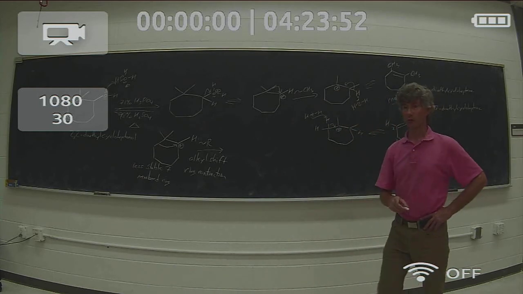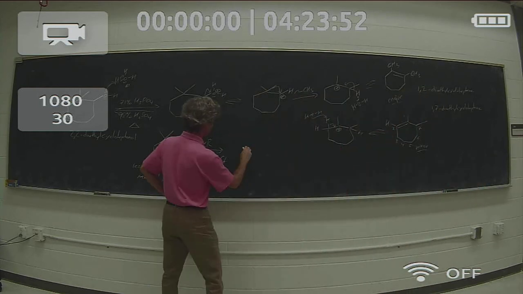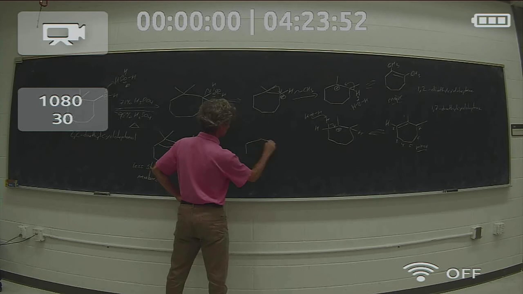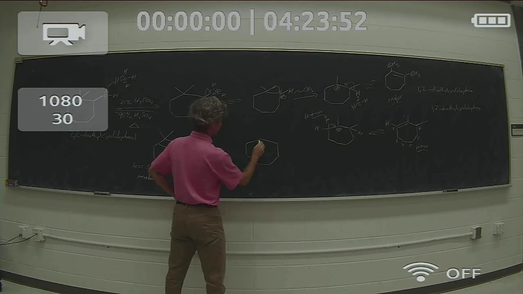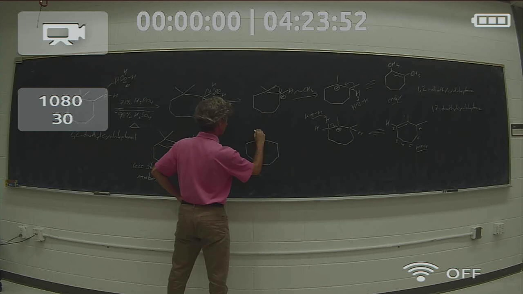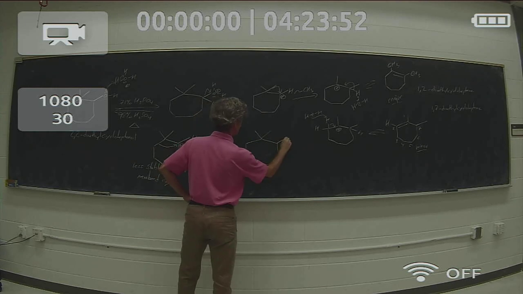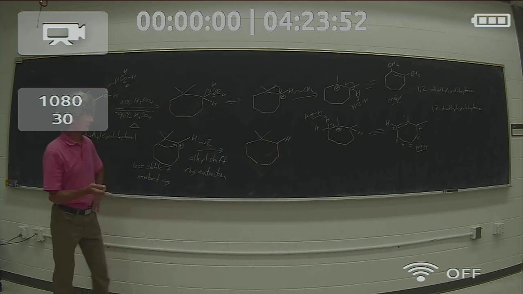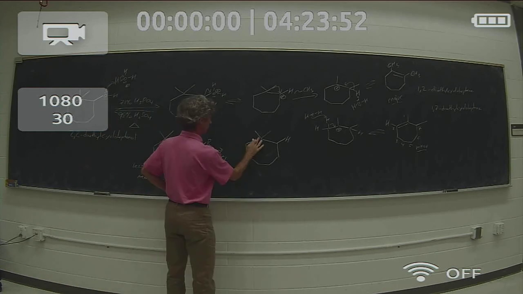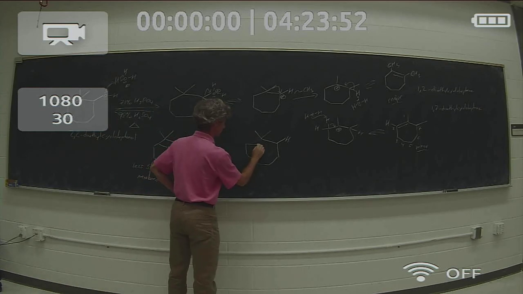I find that to avoid messing up, the best thing to do when you're doing a ring contraction like this is to write the same molecule without moving any carbons, and then erase the bond and move it to the new position.